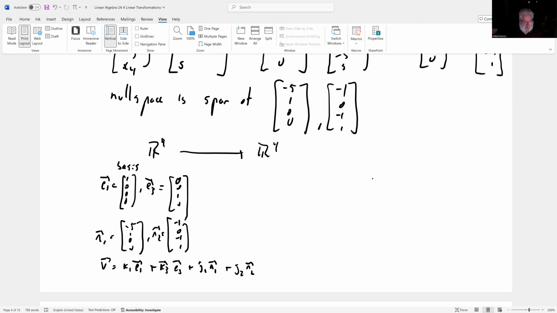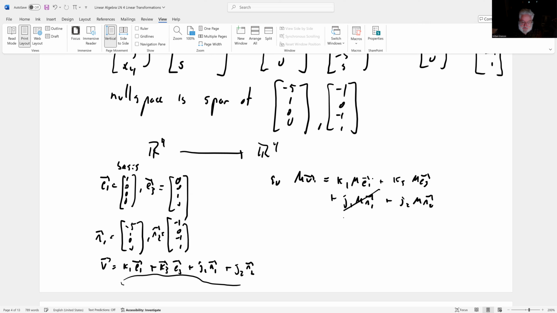And in the codomain, we apply the matrix to this vector, that's going to be K1 M E1 plus K3 M E3 plus J1 M N1 plus J2 M N2.